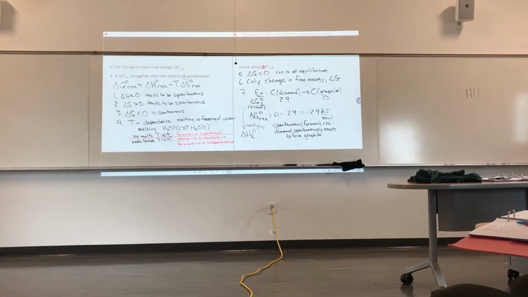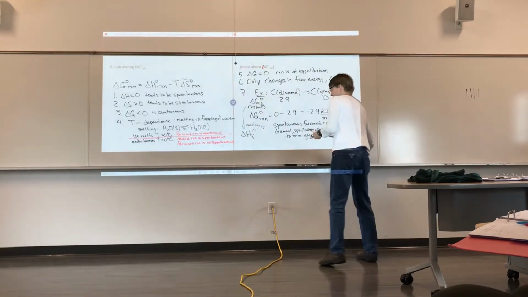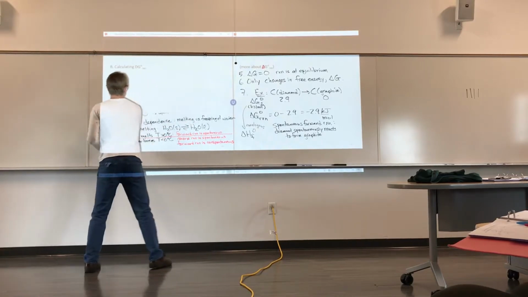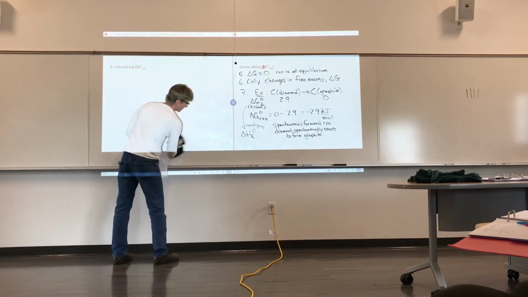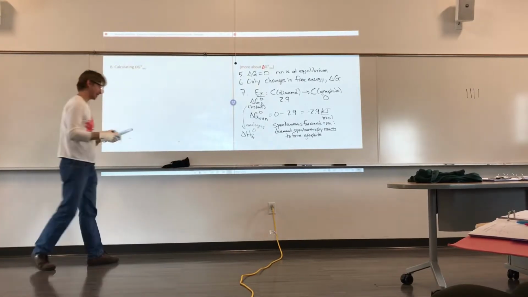All right. I want to do another calculation, or say a few more things about delta G. So the most important thing is, if the delta G for a reaction is negative, then the reaction is spontaneous.